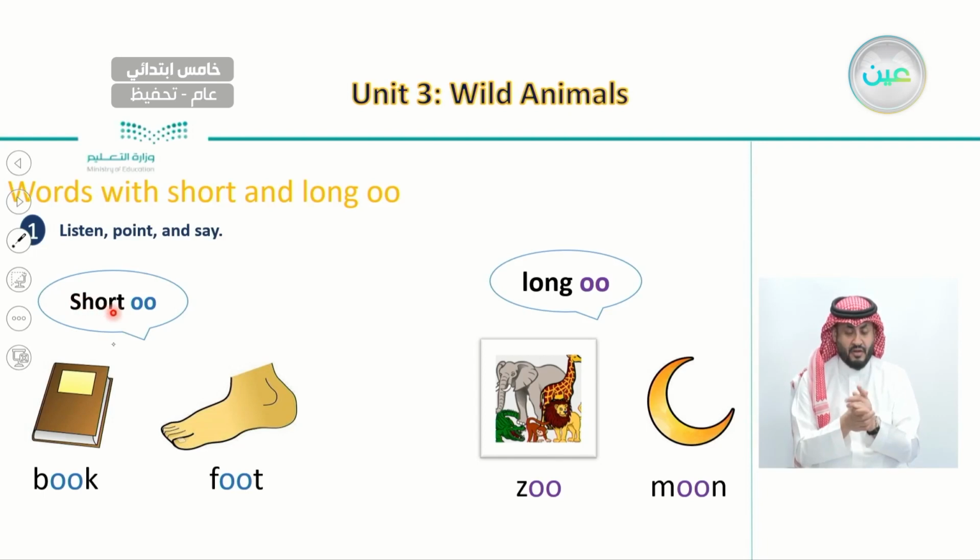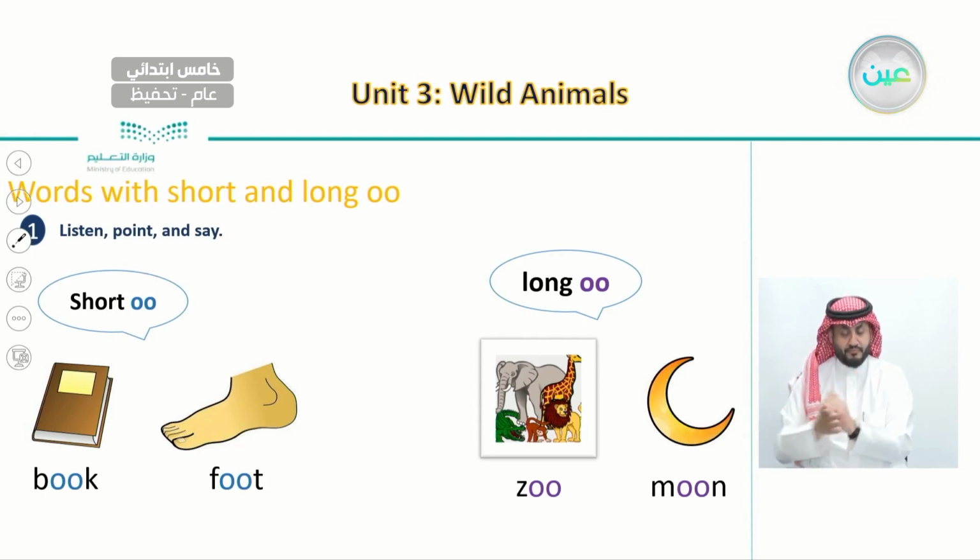With short O's, words like book, book, and foot, foot. Excellent. And words with long double O's are zoo, zoo, and moon, moon.